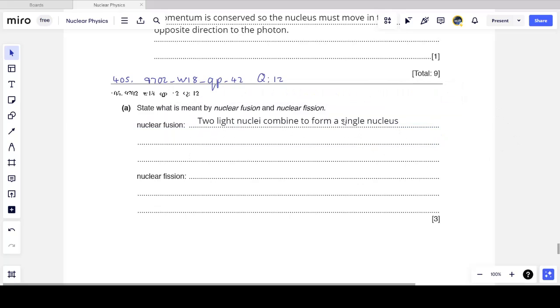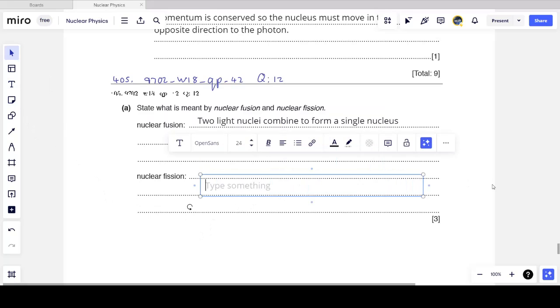Seems quite straightforward, actually. Nuclear fission, they didn't say spontaneous or induced nuclear fission, they simply said nuclear fission. So nuclear fission is a large nucleus that splits to form smaller nuclei. So they're basically the opposite processes.